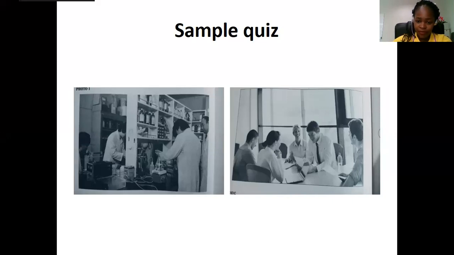C. The laboratory animals are in a cage. D. The shelves are empty. Photo 2. A. They're washing the bottle. B. They're buying a computer. C. They're having a business meeting. D. They're eating dinner.